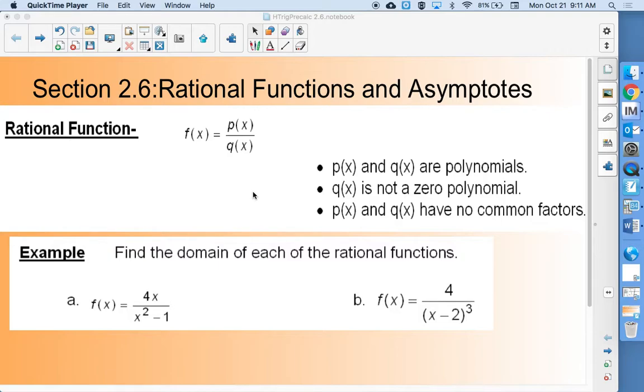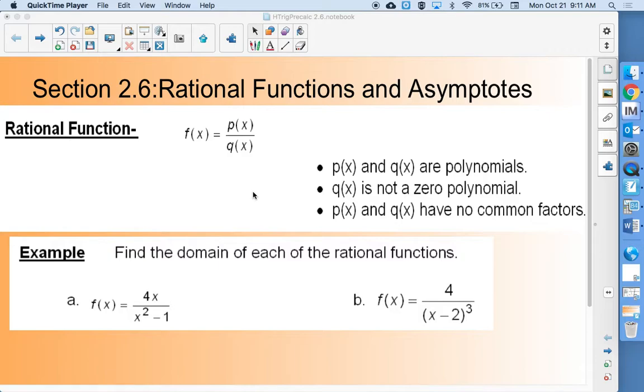As a little review, polynomial functions and rational functions are built off of one another. We do polynomial functions and then follow with rational functions because, by definition, a rational function is a polynomial divided by another polynomial, p of x over q of x. There are 2 other conditions.